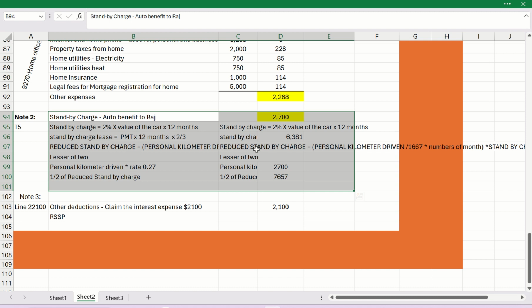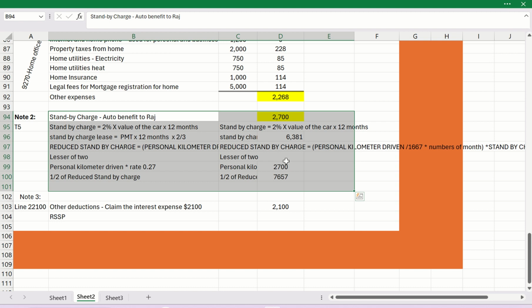Remember, in the previous video for the self-employment, I showed you that annually he drove 50,000 kilometers in total, and 40,000 was for the business, and 10,000 was for his personal purpose. Therefore, because it meets the criteria of less than 50%, he can apply for a reduced standby charge.